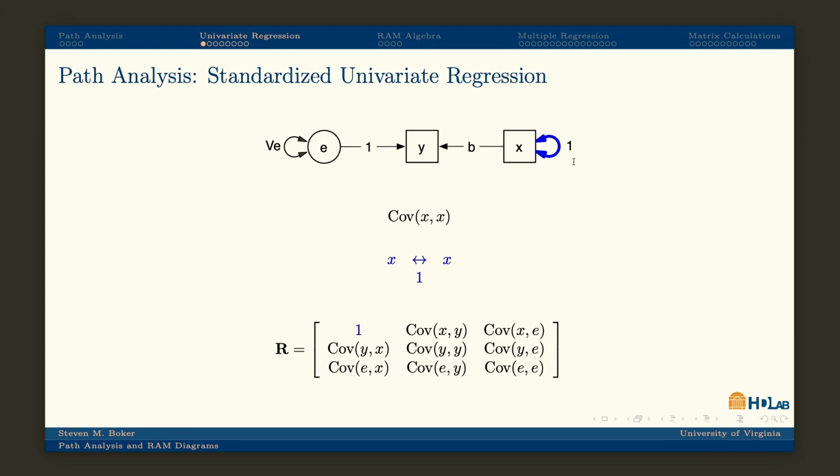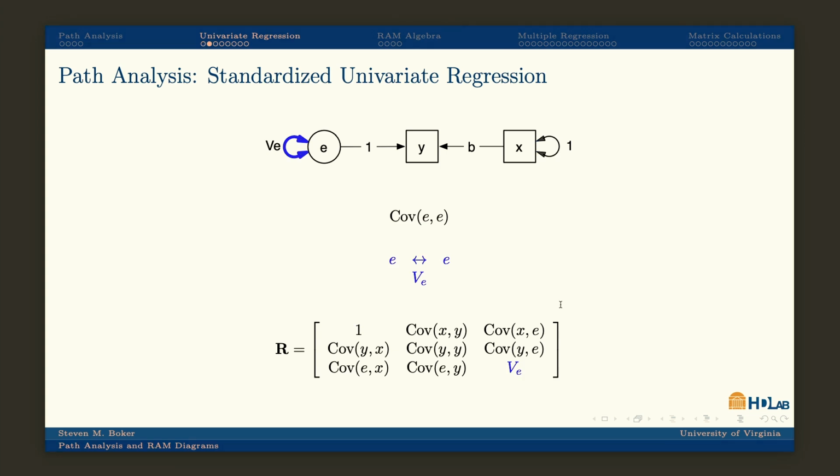And it's following the tracing rules. We've included one double-headed arrow, and its value is 1. And so we can just put it right down here. I've also represented it here. The double-headed arrow between X and X is 1.